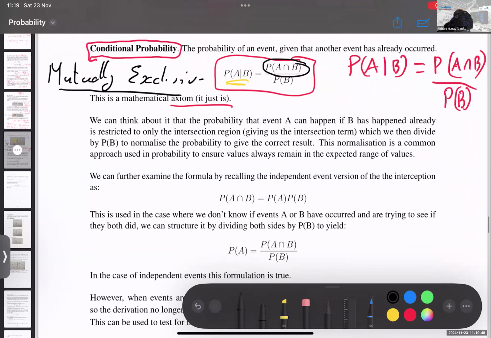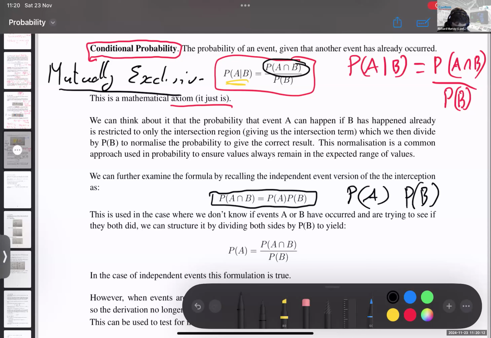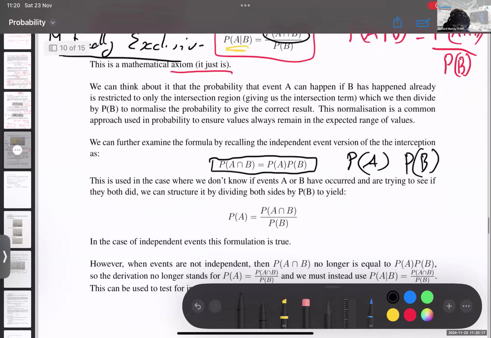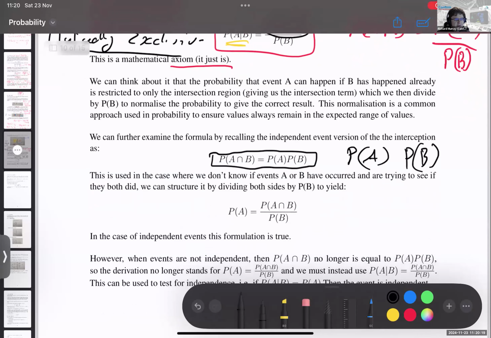The format of the notation for this leads to a lot of complication and confusion. Because previously we have introduced the idea of this intersection value being given by the probability of A times the probability of B. So this introduces the concept of things being independent or not.